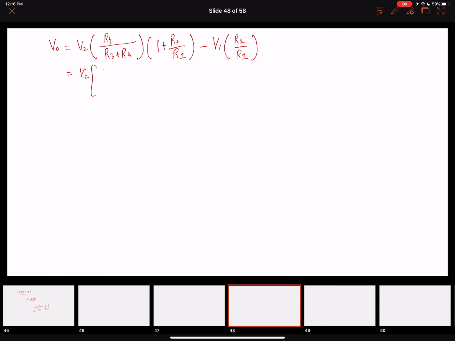V2 into R4 times R3 plus R4 plus R4 R2, over R1 into R3 plus R4, minus V1 R2 over R1.